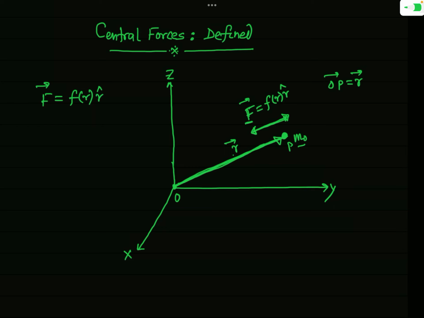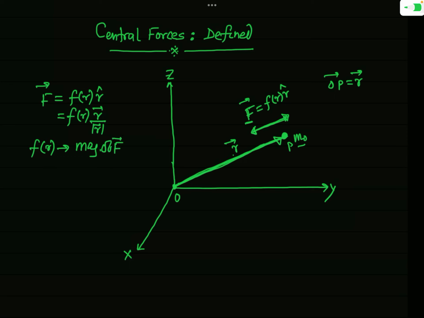Or you can say that this is F of r times r vector over the modulus of r. Here this F of r represents the magnitude of F.